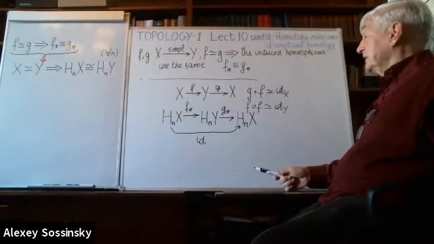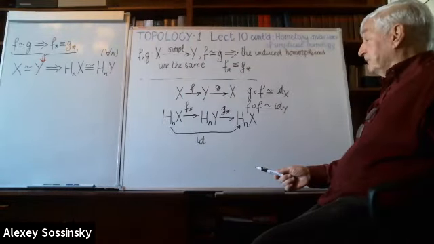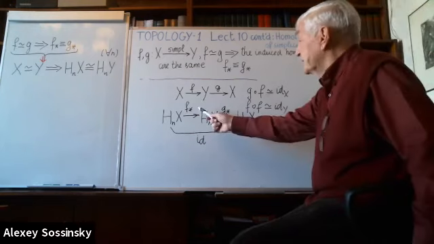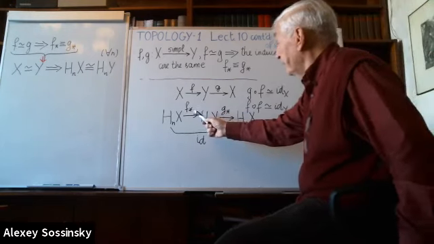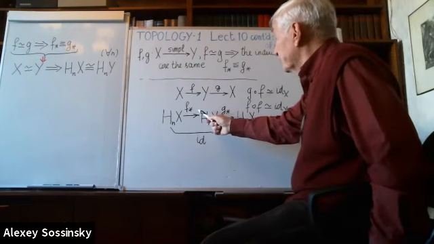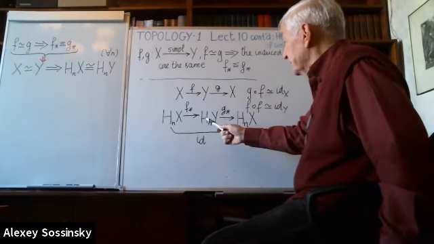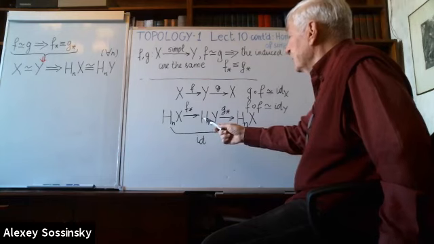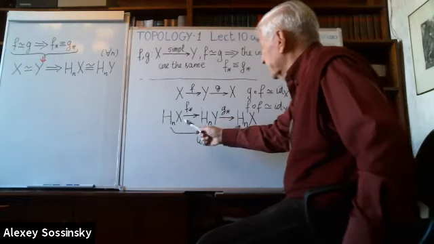Now this clearly implies that F star is an isomorphism. Well, indeed. Why is it injective?